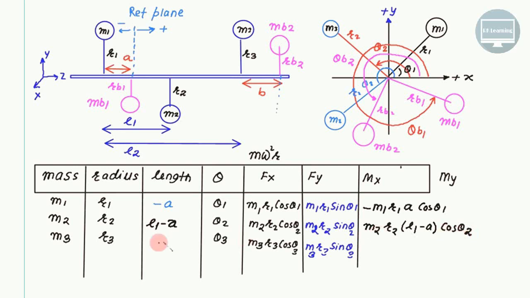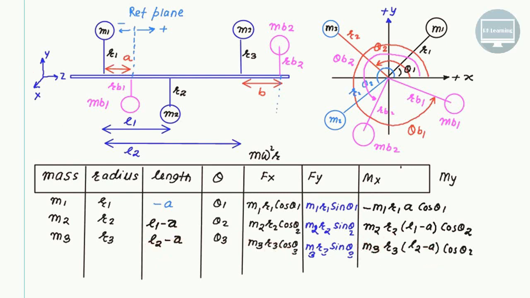Agree? Then about R3. From this point to this point, for R3, our distance is L2. But we have to measure with reference to what? Reference plane. So this is L2 minus A. And this value will be equal to the M3 force.